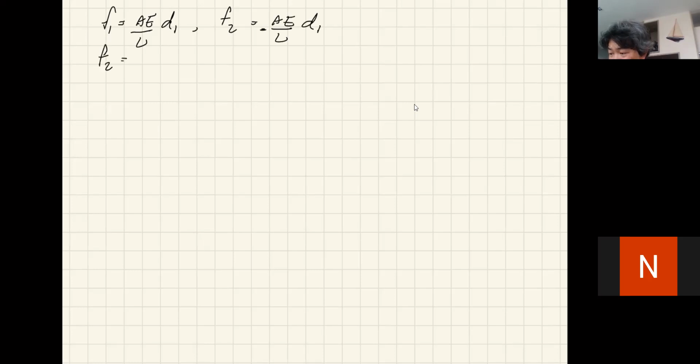So now I can form the equation. We have F1 of member I equals AE over L D1, and F2 equals minus AE over L D1, then F2 equals AE over L D2, and F1 equals minus AE over L D2.